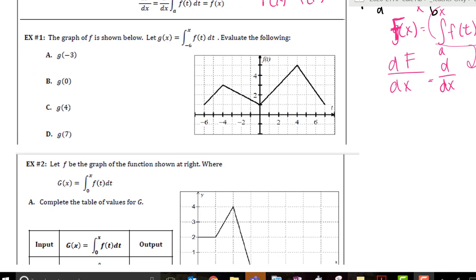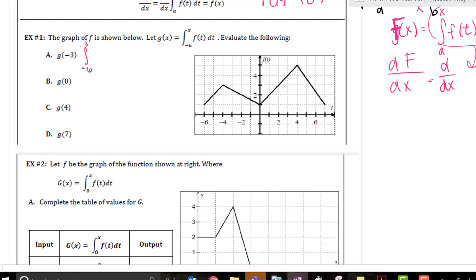So our first function in example 1 says let g of x equal the area under this f of t curve from -6 to x. The reason we use x is because we are changing what we're inputting. For example, if I'm looking for g of -3, I'm looking for the area from -6 to -3.